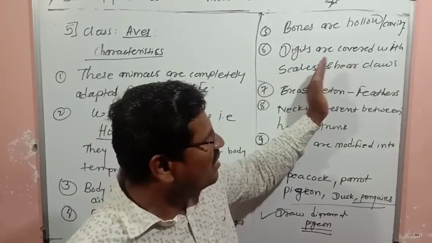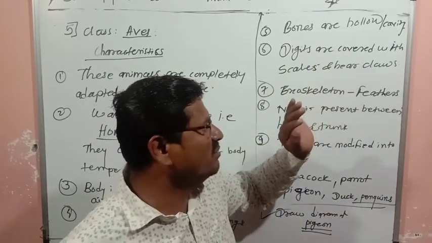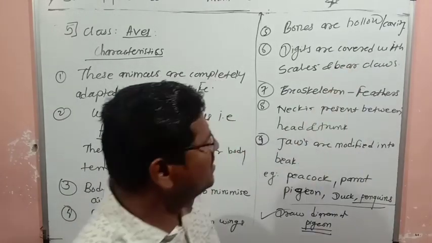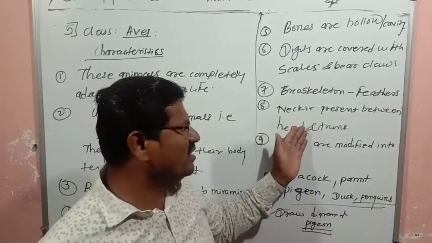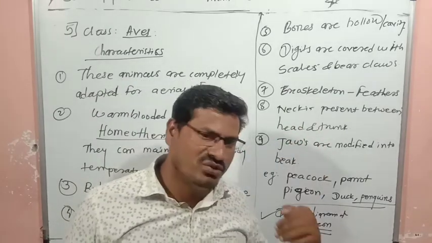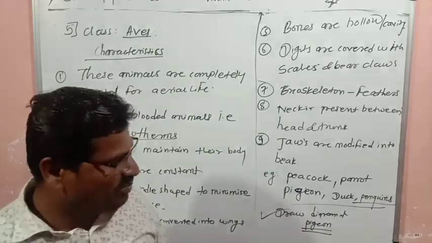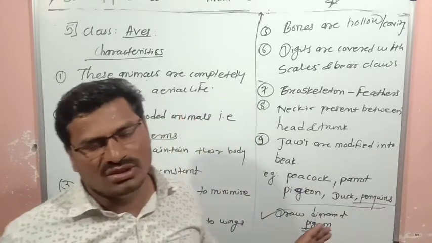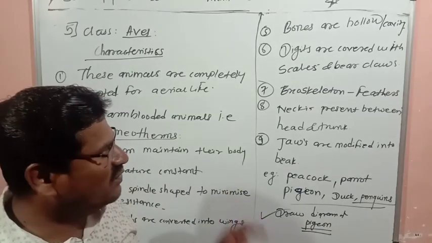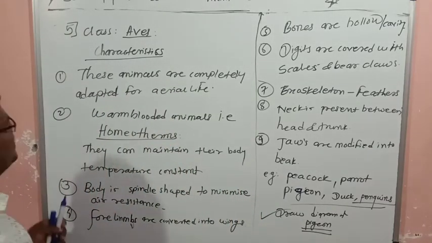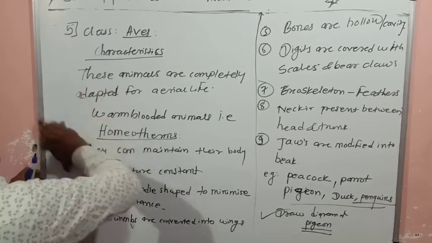Digits are covered with scales and bear claws. Their exoskeleton is in the form of feathers. Neck is present between head and trunk. Jaws are modified into a beak. Examples are peacock, parrot, pigeon, duck, penguin, sparrows. And now the last class we are going to study is class Mammalia.